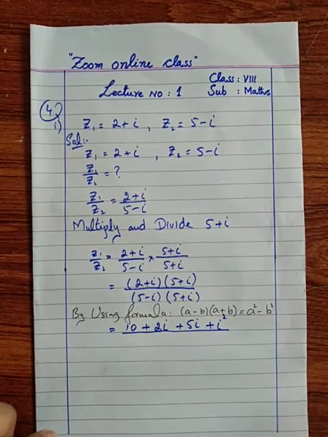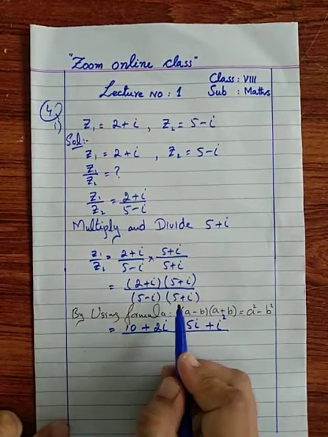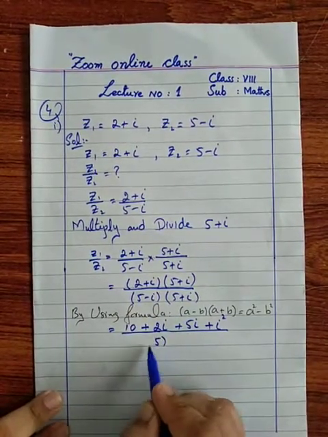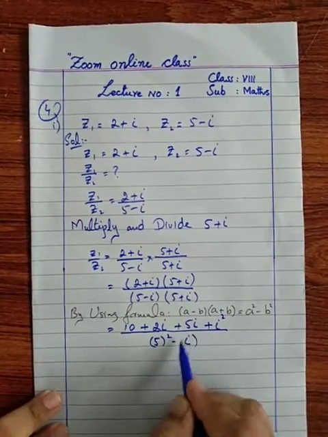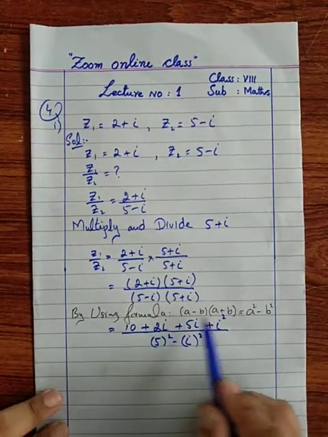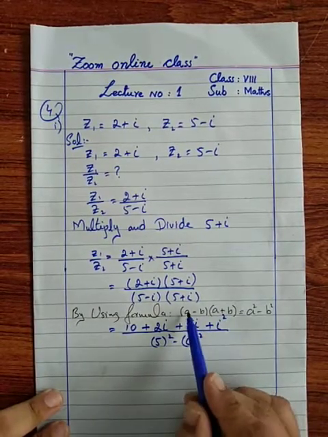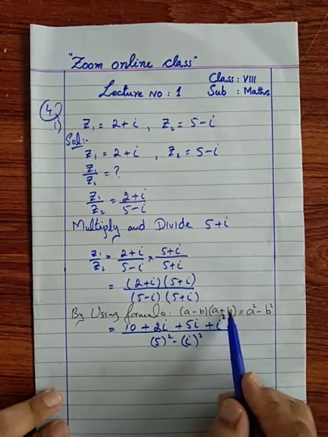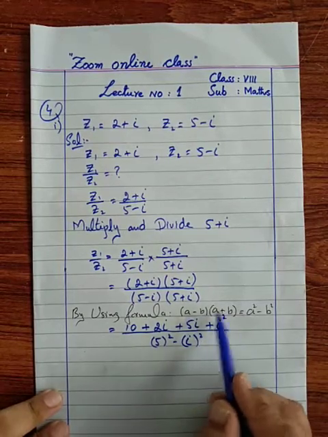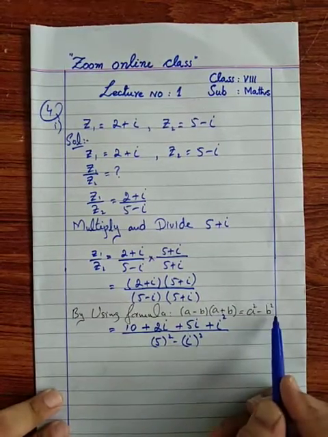So instead of multiplication, we will just apply the formula on these two denominator brackets, which comes like this: 5 square minus iota square, because the formula shows us the two brackets have the same numbers, first with first, second with second, and one bracket has a positive and the other a negative sign, so it becomes the formula a square minus b square.